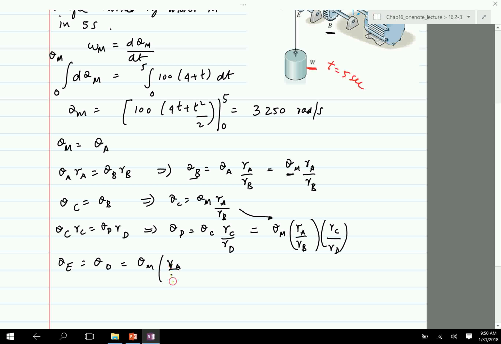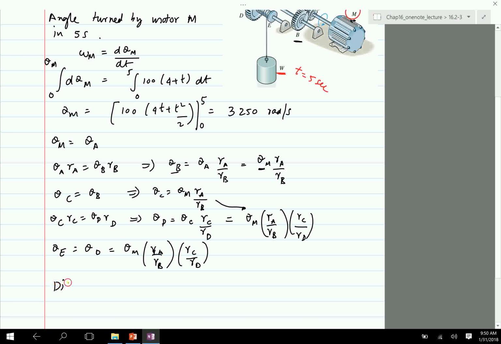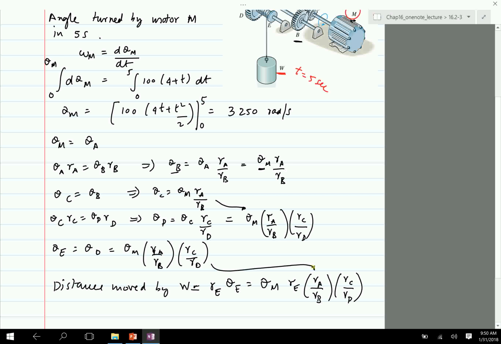So the final step is we want to find the distance moved by the weight W, and that's simply the radius of E times theta E. So that is theta m Re Ra divided by Rb, Rc divided by Rd.